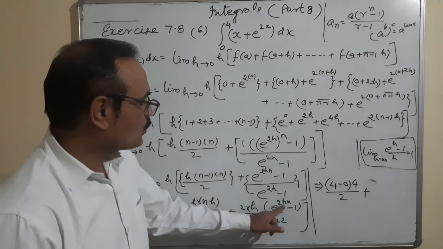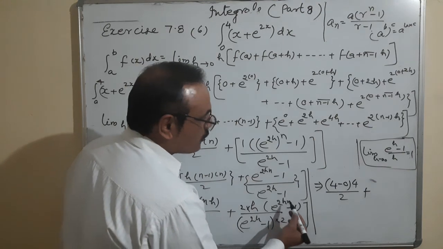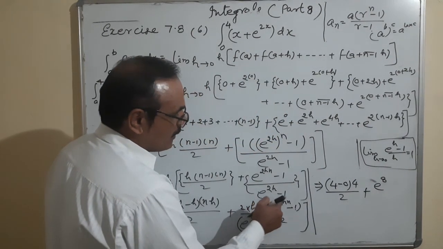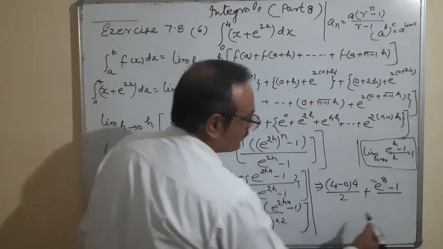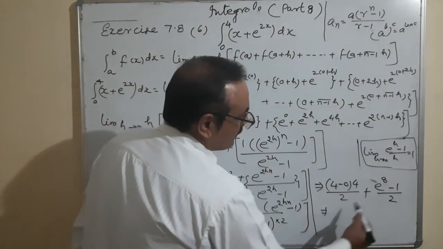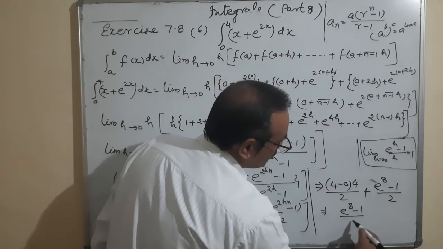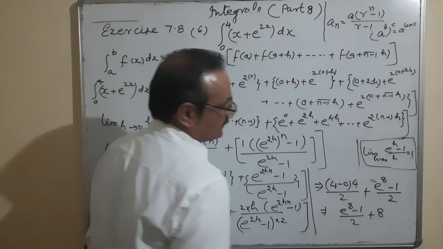Then e to the power 2nh, with nh being 4, so e to the power 2 into 4, that is e to the power 8, minus 1 upon 2. So the result is e to the power 8 minus 1 upon 2, plus 4 into 4 is 16 upon 2, that is 8.